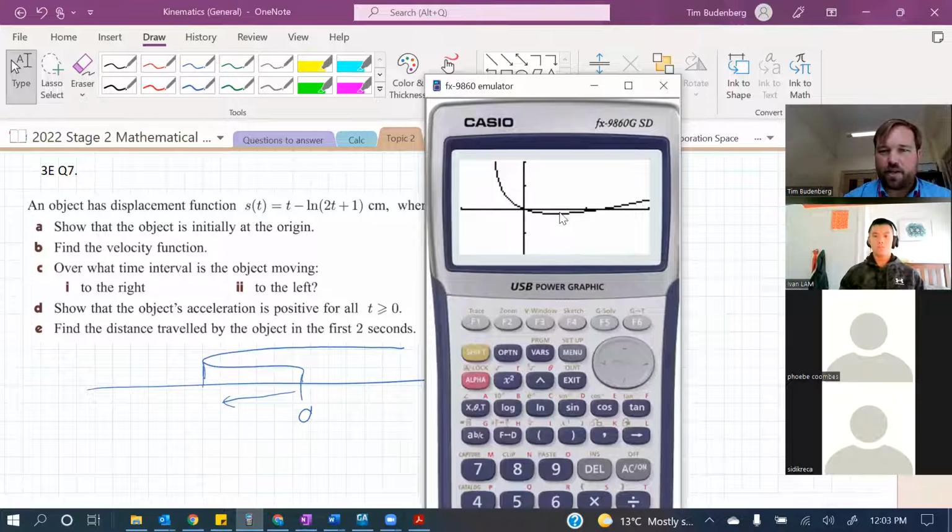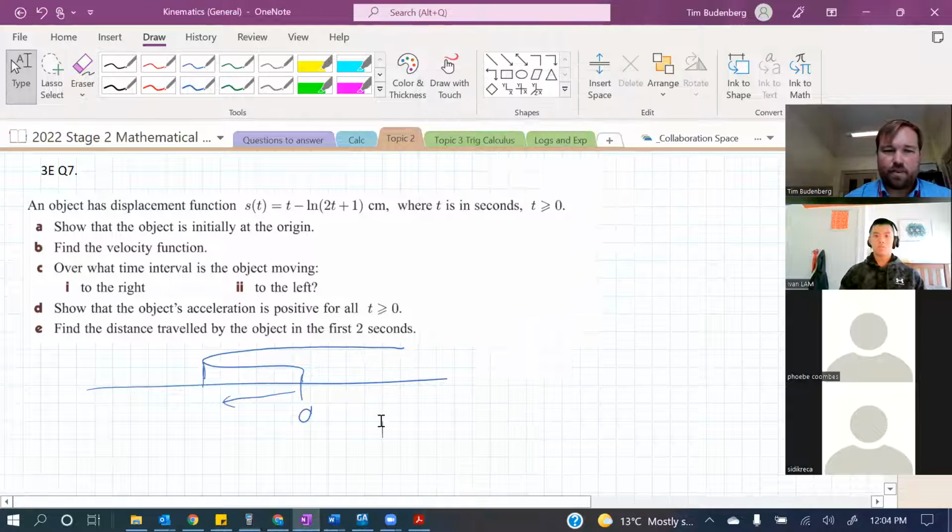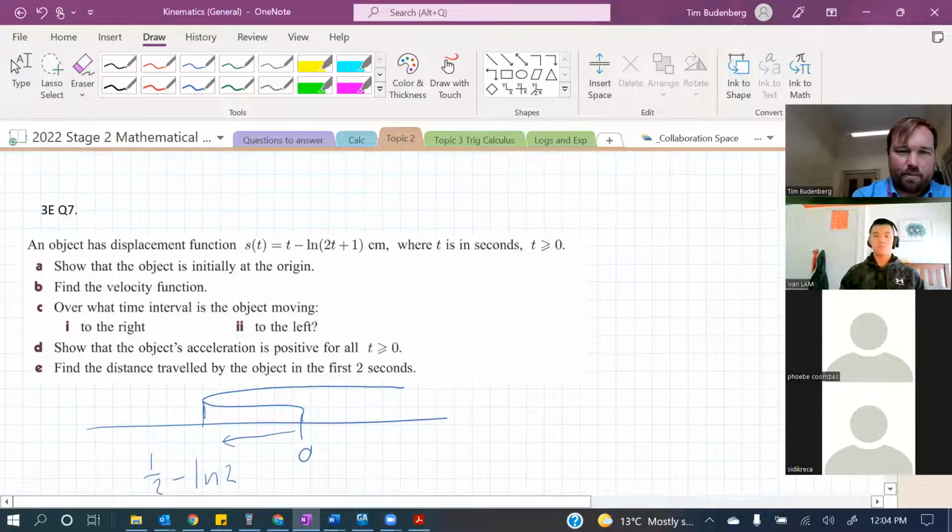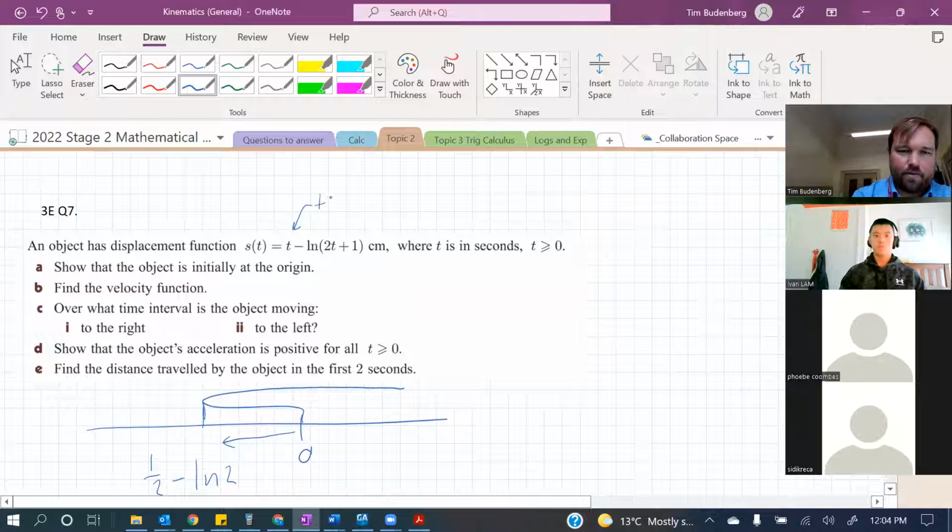And we showed that with the sign diagram of the first derivative, or we do G-solve minimum. It turns at time equals a half. So this happens at time equals a half, but the distance it travels is a half minus ln 2. And I get that by putting a half in where t is.